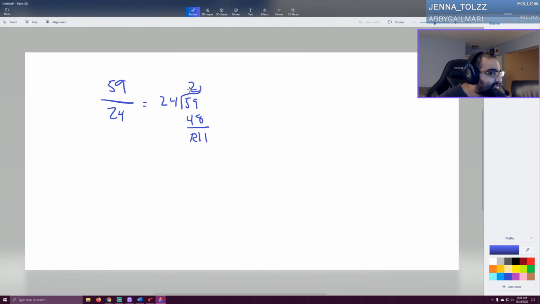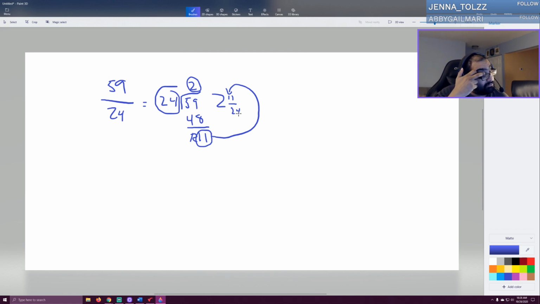So this 2 becomes our big number, this 11 becomes our numerator, and this 24 is our denominator. If you want to know how you find that specifically, that's how you can do so.